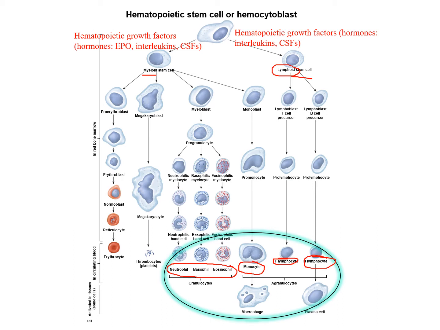You'll also notice here that the myeloid stem cell also gives rise to red cells as well as platelets. So it produces the vast majority of formed elements, doesn't it, in the bloodstream.